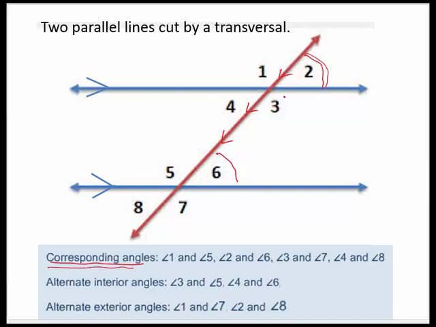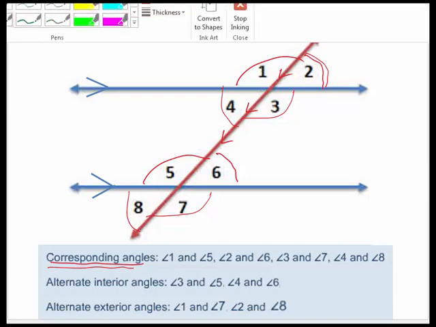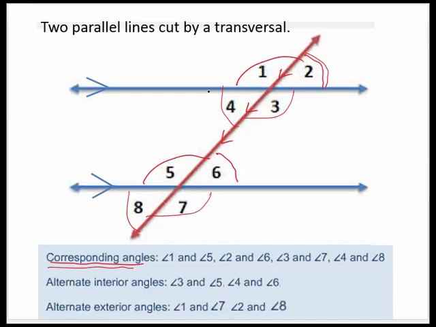I bet you also agree that angle 3 would slide right down that red line and land right on top of angle 7. So those are also corresponding angles. And guess what? Corresponding angles are congruent. So angle 4 is congruent to angle 8 because they're corresponding, and angle 1 is corresponding to angle 5, so those are also congruent. Now, we also have things called alternate interior angles. Take a look at the two blue lines.